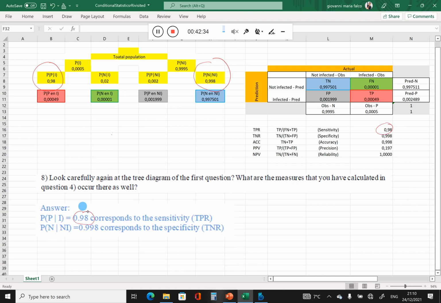because we see that this probability is just 0.98, and this also was 0.998.